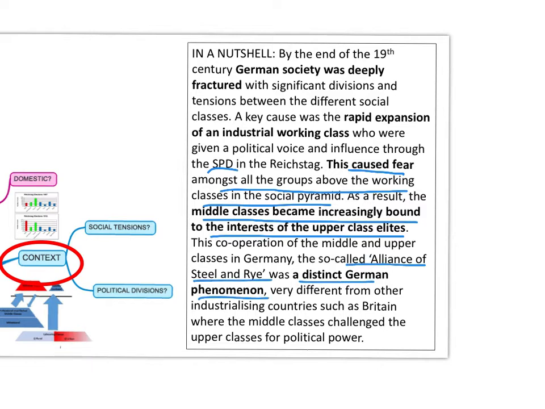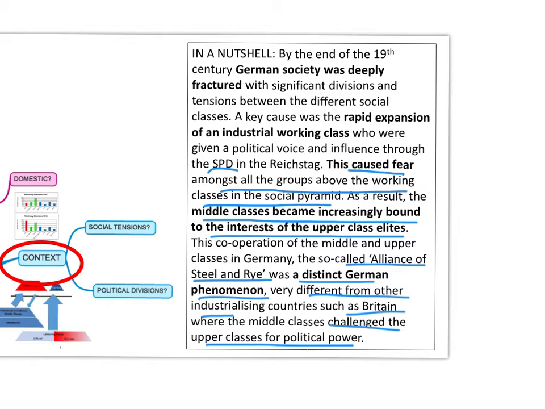And that's very different from other industrialised countries. If you looked at Britain, which experienced a similar industrialisation process, the middle classes actually challenged the upper classes for political power. There was fierce competition between them. But what happened in Germany is the middle classes and the upper classes allied together.